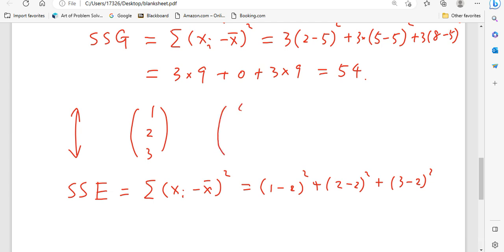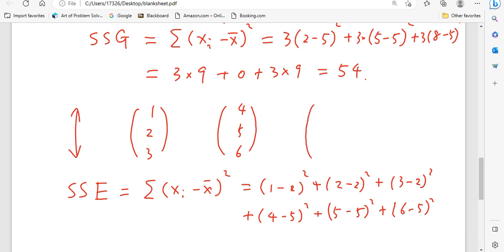Then for this one, we use the same formula. So for this one, the average becomes 5. So (4 minus 5) squared plus (5 minus 5) squared plus (6 minus 5) squared. Okay.